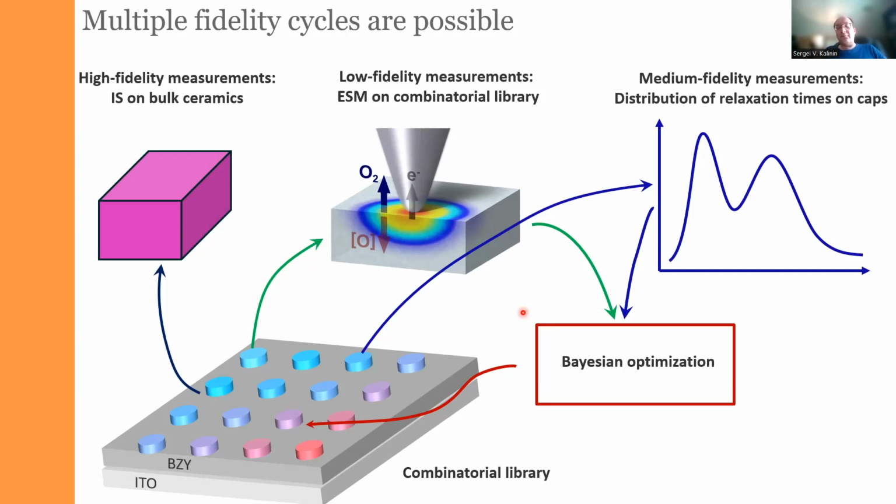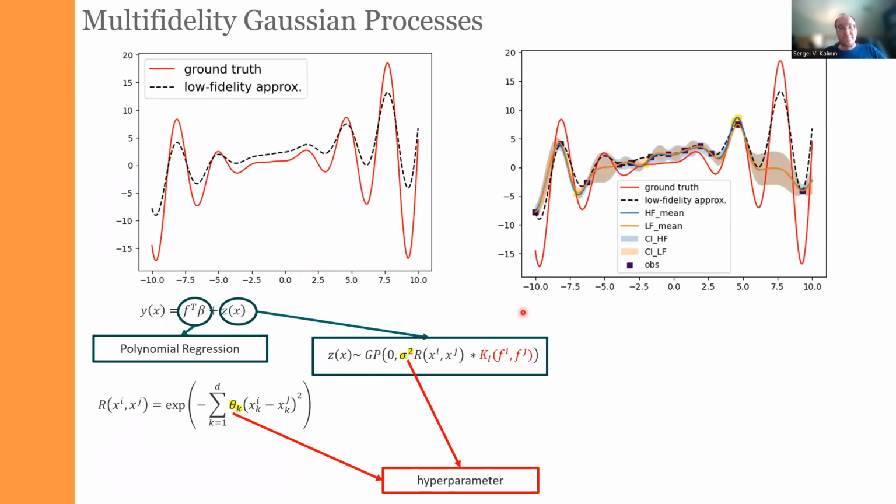And in fact, most of the R&D work and most of the cases when we do something in the lab and scale it to industry are actually examples of multiple fidelity cycles from toy models and materials all the way to the manufacturing.